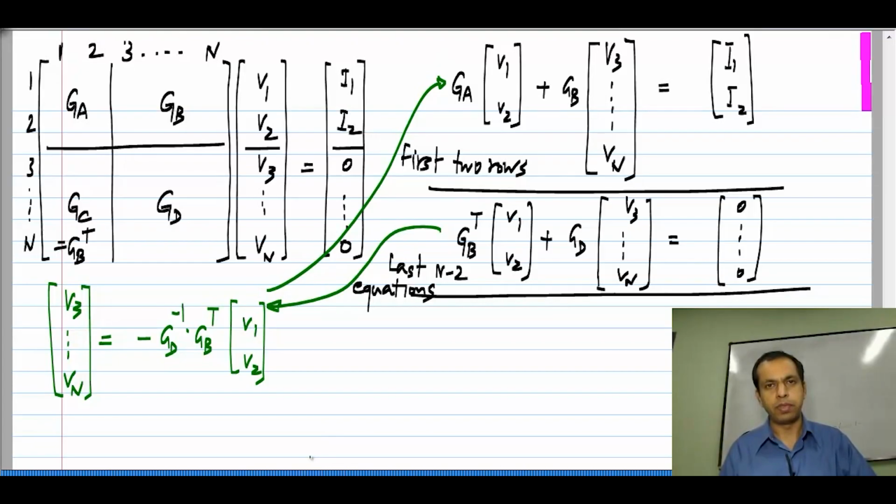Is this clear? Essentially I have to substitute this over here. This is where I have the extra unknown vector.